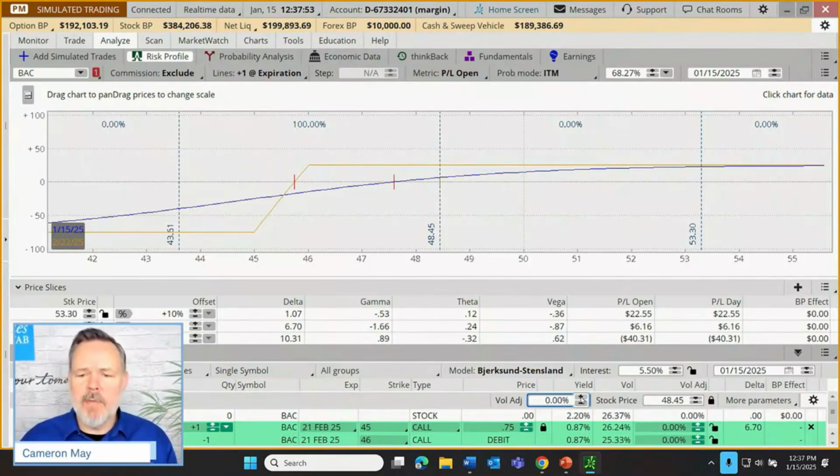If we start to assume volatility rises, let's just say that traders think, oh, the markets are likely to get choppier. Maybe Bank of America is going to start moving around more. We can adjust volatility up. But I'm going to click on that volatility number.